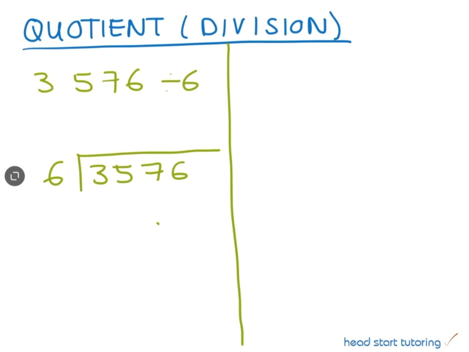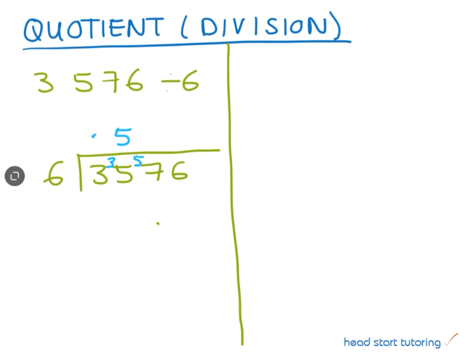Right, so 6 into 3 doesn't go, so we put a 0 or a dot to indicate that. And then we say 6 into 35, because we carry our 3 over if we do short division. 6 into 35 goes 5 times, remainder 5, because 5 times 6 is 30, and the difference between 30 and 35 is 5.